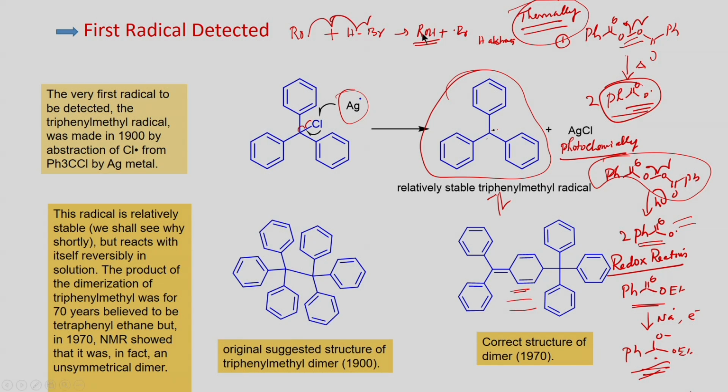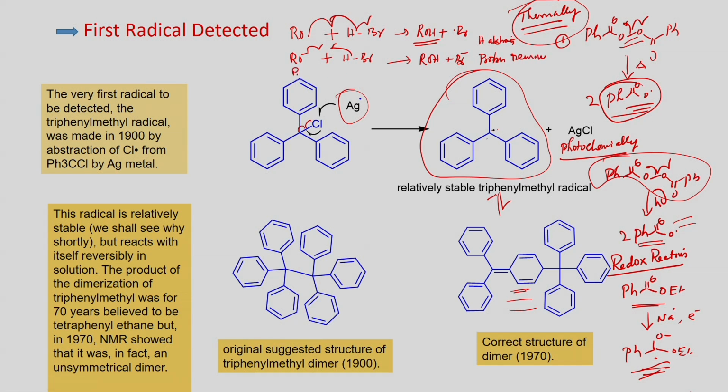And when you compare with the ionic pathway, if you have an anion, it can remove the proton and you will be able to form this; this is proton removal. Here it is hydrogen abstraction.